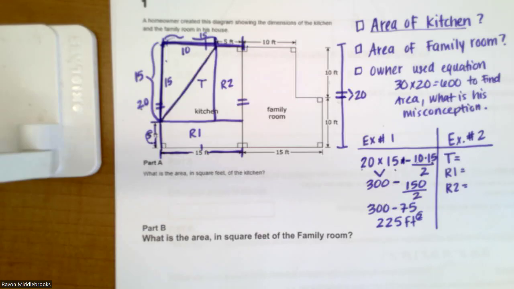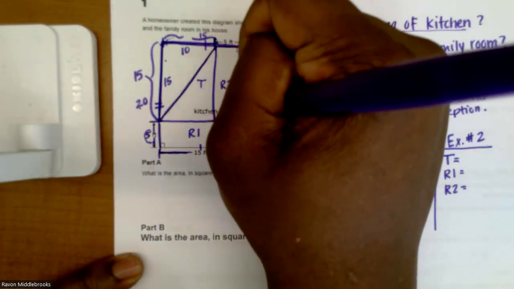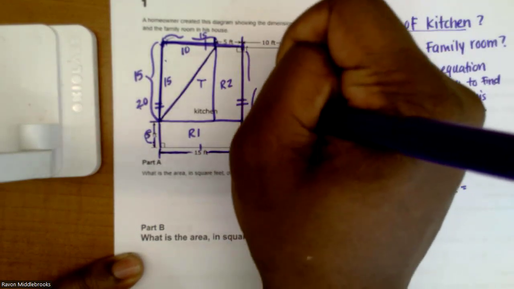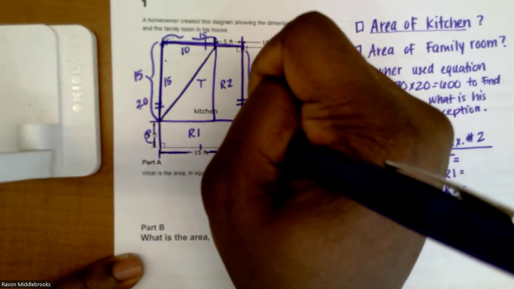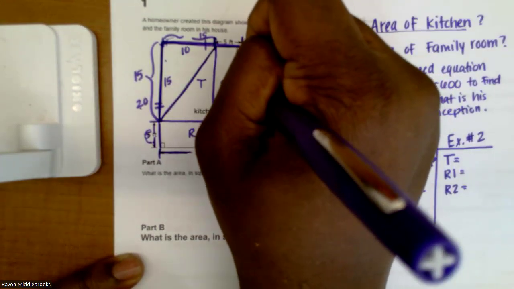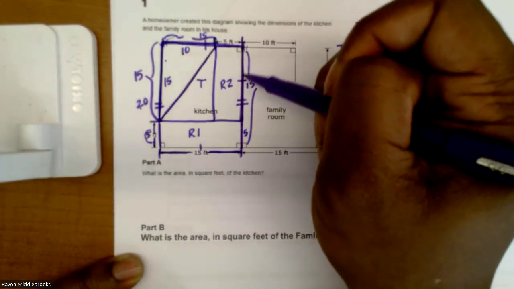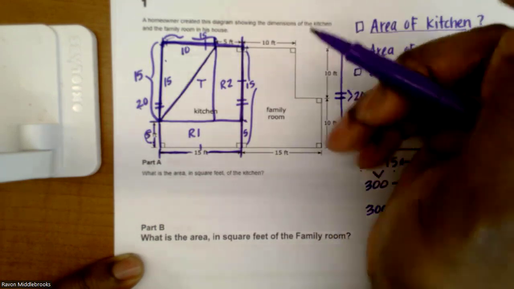Now, I know that from here all the way down is 20, right? Because 10 to 10 is 20. I know from here to here is 5. So 20 minus 5 from here to here is 15. So I know from this to this, that's 15.